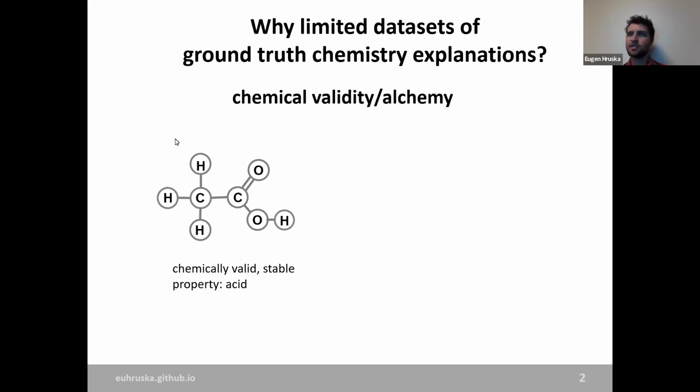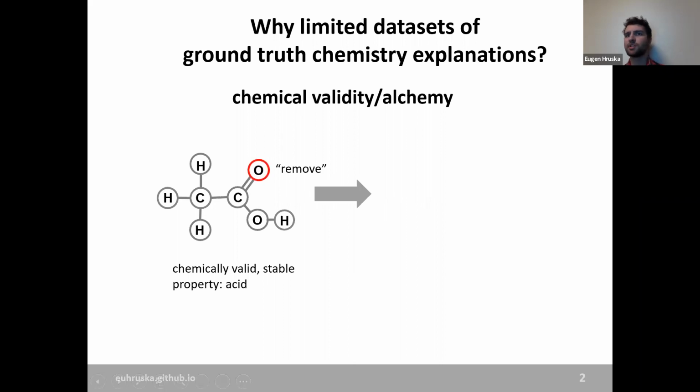Since it's a simple molecule, we know that the four atoms on the right side are responsible for that, and everything on the left side is not relevant to this property. So we could set this very exact and precise explanation for this particular molecule.